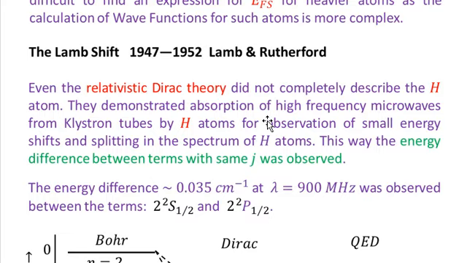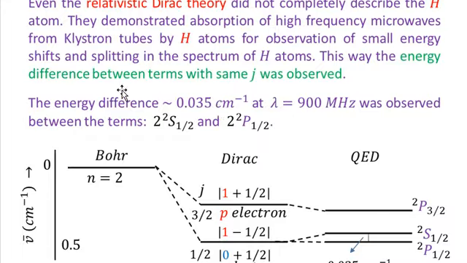So even the relativistic Dirac theory did not completely describe the hydrogen atom. They demonstrated the absorption of high frequency microwaves. Now I am talking about the experimental side: they demonstrated absorption of high frequency microwaves from klystron tubes by hydrogen atoms for the observation of small energy shifts and splitting in the spectrum of hydrogen atoms having the same value of J. This way the energy difference between the terms with the same J was observed.